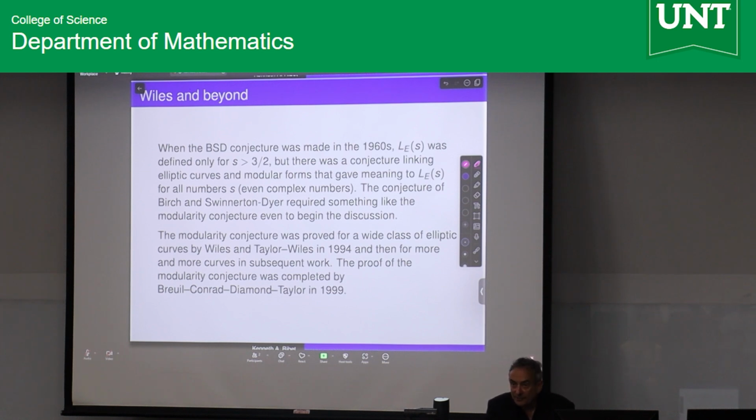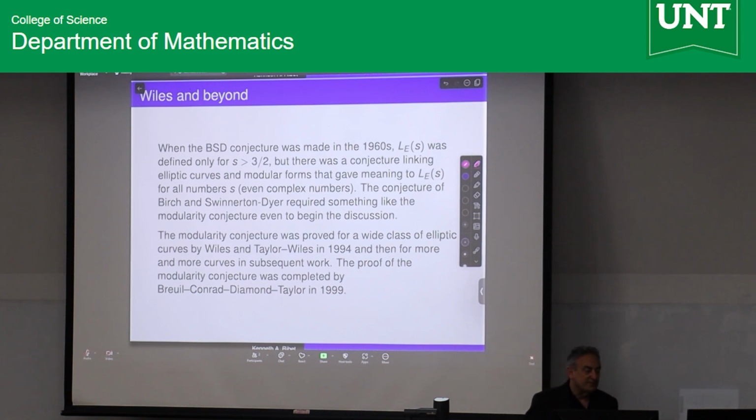That work, completed by other people, tells you that every elliptic curve of the type we're considering arises from a modular form. And then this modular form has an L function, and that's the same L function that we're talking about.